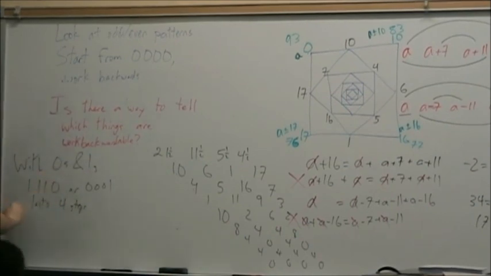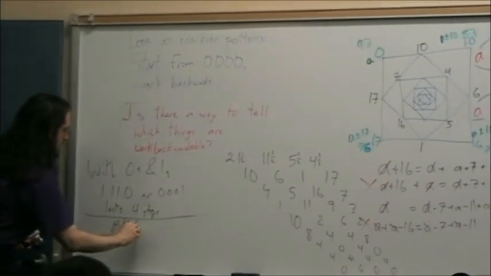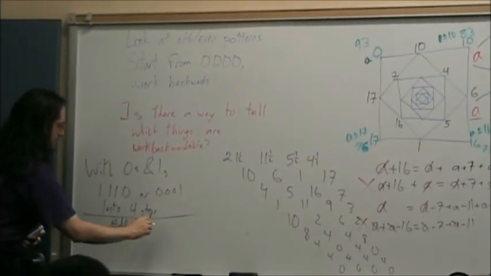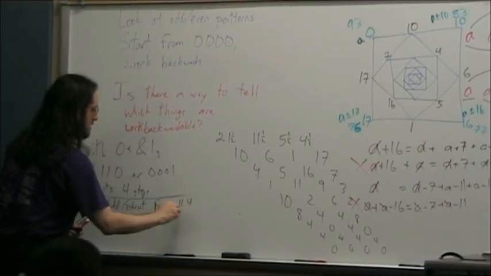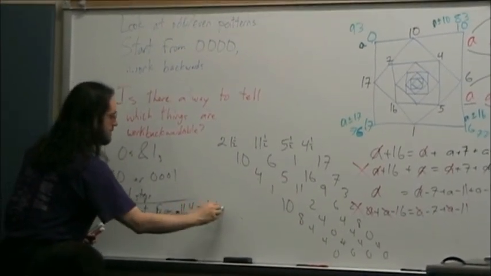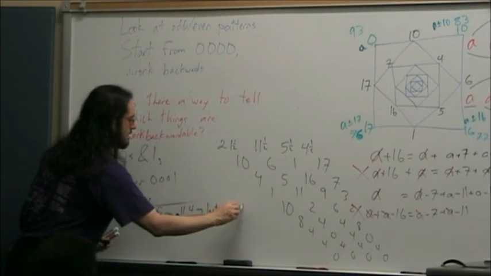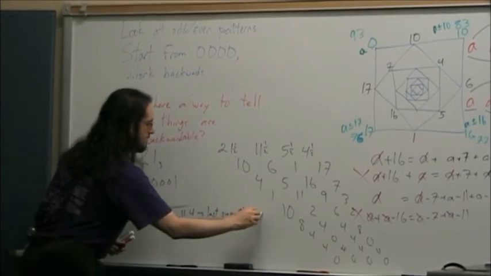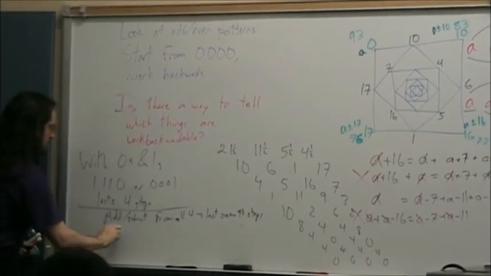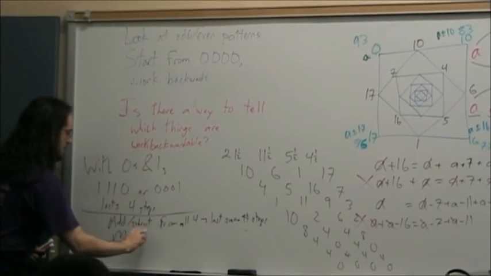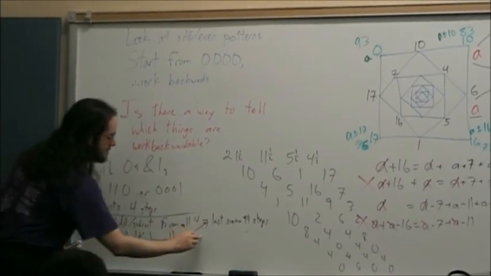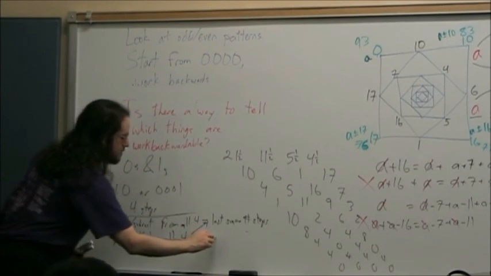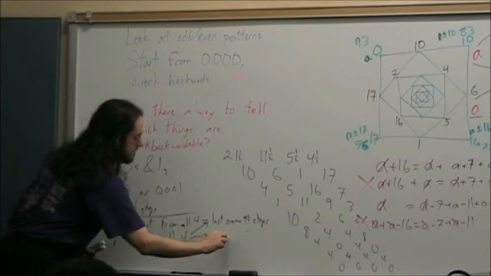Okay, so we can add or subtract from everybody, and it lasts the same amount of time, the same number of steps. Or we could multiply everybody, and then it both lasts the same number of steps and has the same working backwards patterns too.